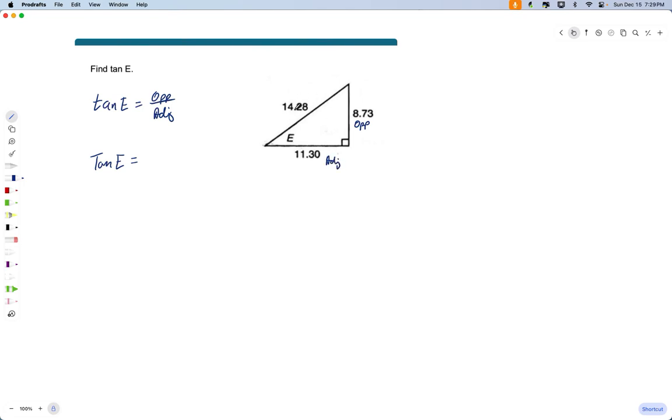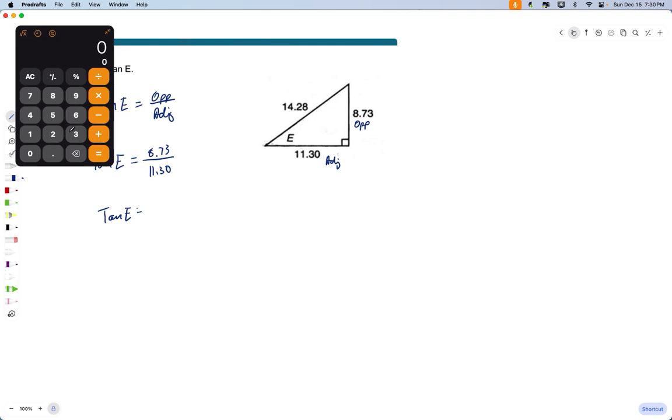So 8.73 divided by 11.30. The tan of E is equal to 8.73 divided by 11.3. I'm going to round that to 2 places, 0.77. Typically, we round to 2 places by default. Don't let that throw you for a loop. So that would be your answer.